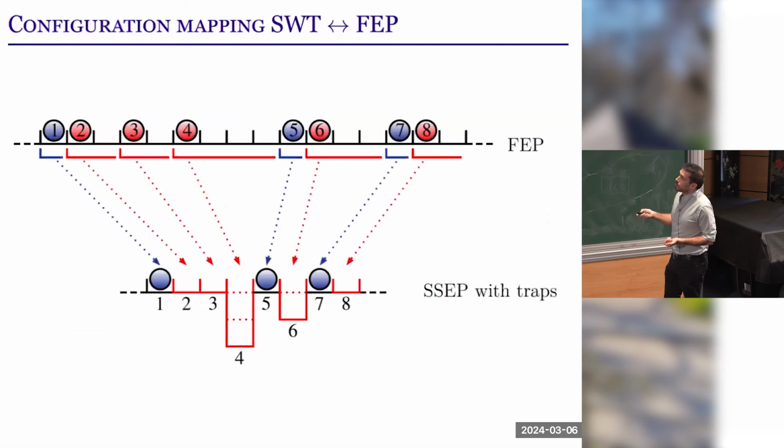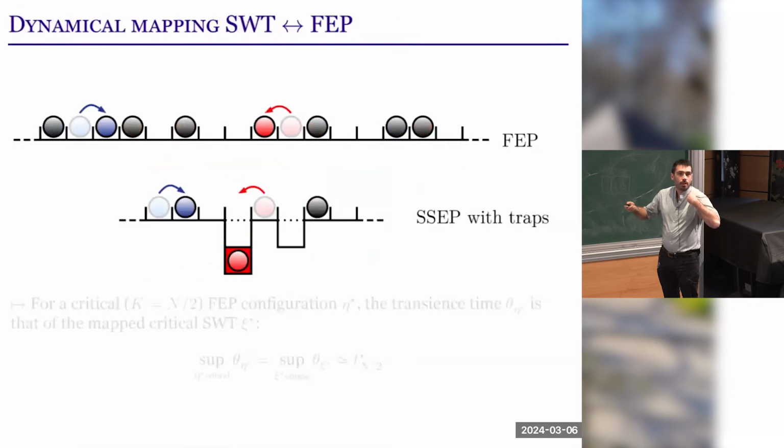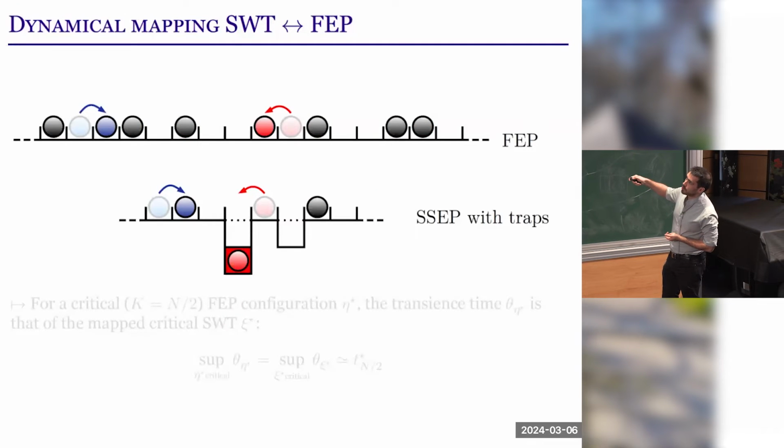Now of course you can ask yourself dynamically what happens, and you already know, because I already defined the two processes. If you take a look in the FEP at what happens when a particle jumps, for example the particle that was here wants to jump here, you're going to increase the space after this one by 1, and decrease the space after this one by 1.